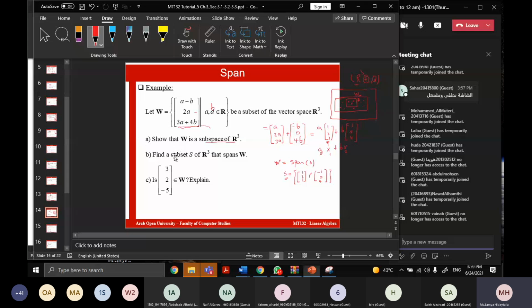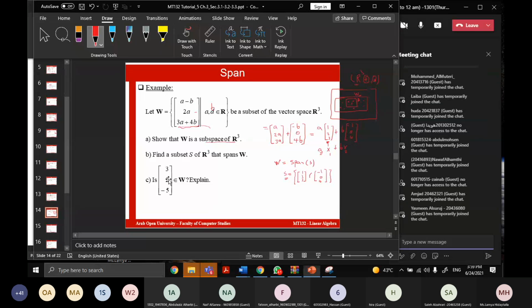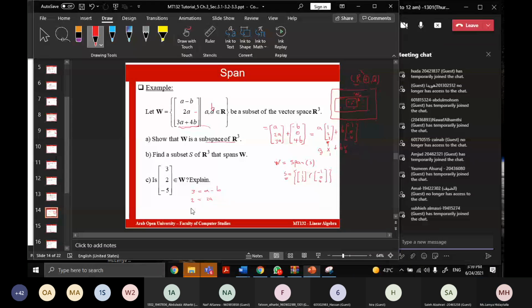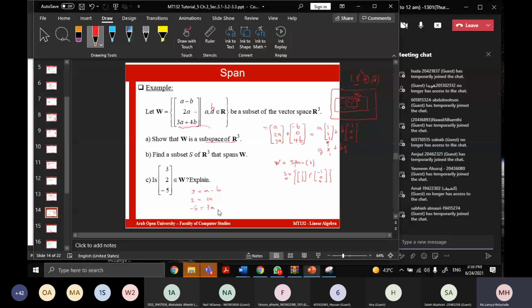Then 3 should equal A minus B, 2 should equal 2A, and minus 5 should equal this. What do we have? A system of linear equations, correct? So we have 3 equals A minus B, 2 equals 2A, and minus 5 equals 3A plus 4B.